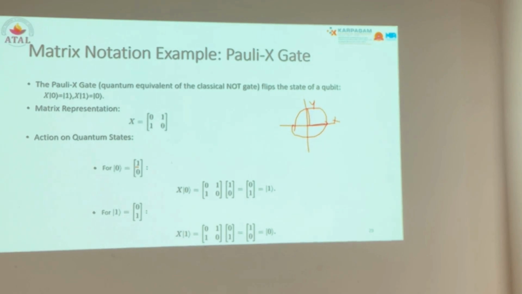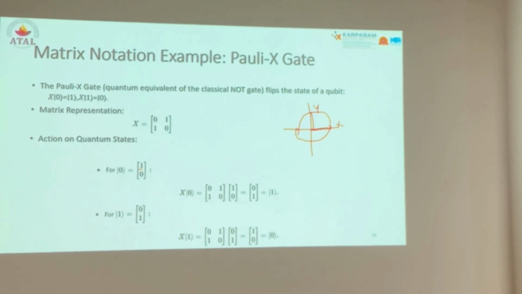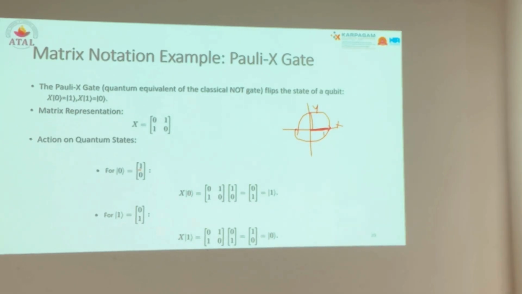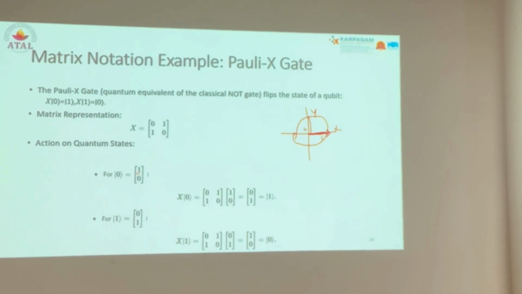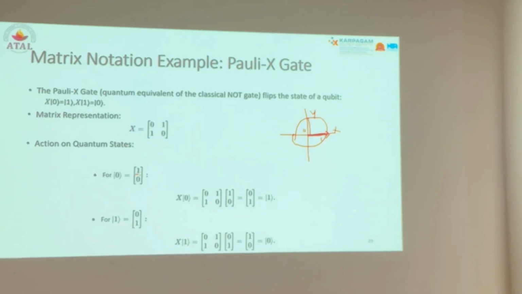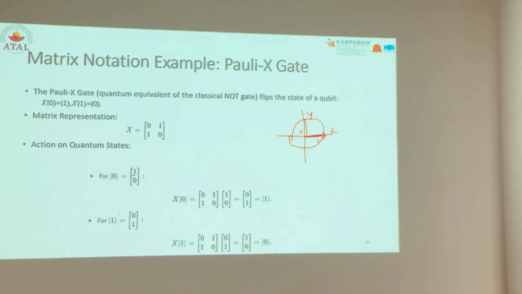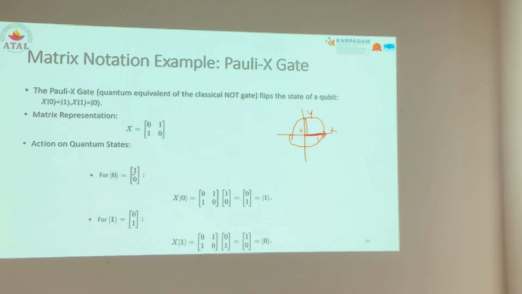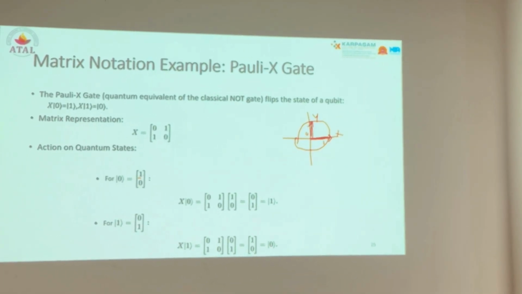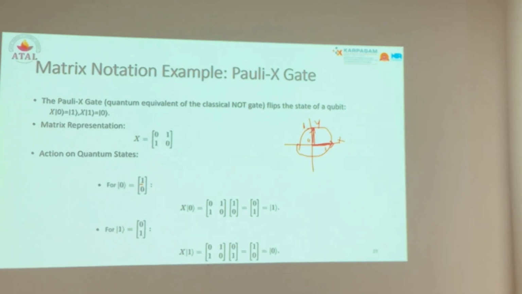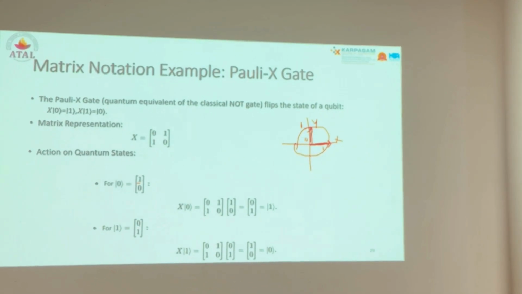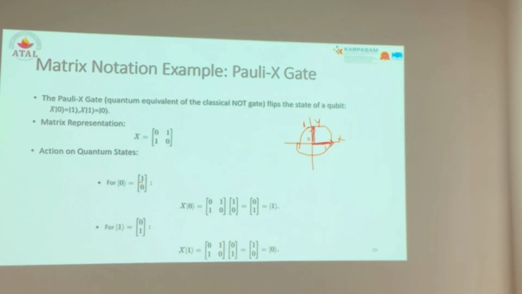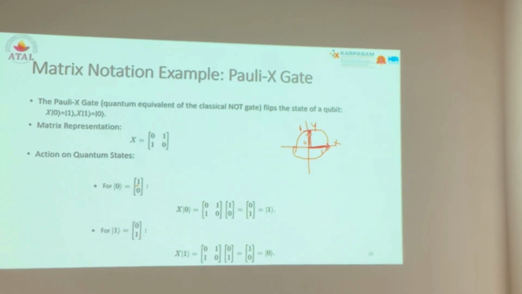The x-axis value is 1 and the y value at that moment is 0. That is why we represent it as 1, 0. If it is 1, the y-axis takes the peak unit value 1 and the x-axis is 0. That is why for 1 we represent 0, 1 in a unitary matrix.